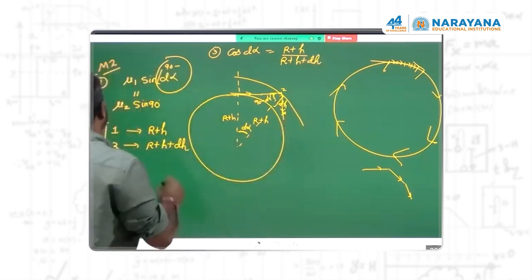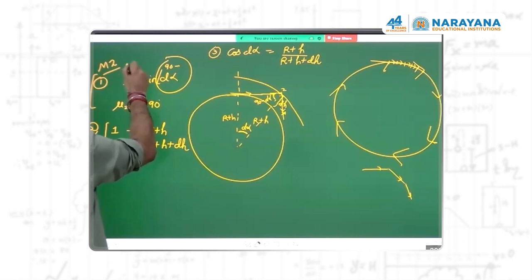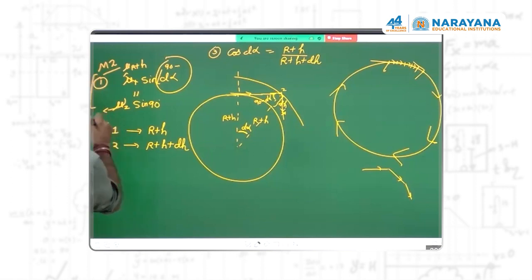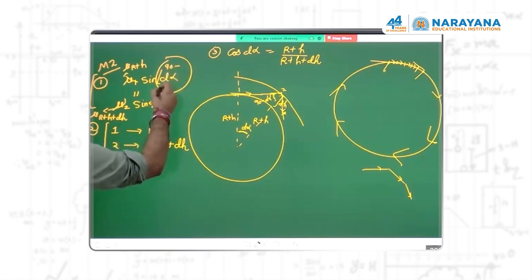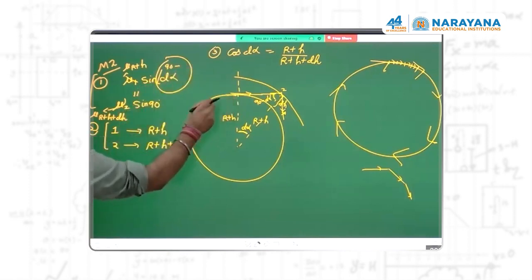Right. And then this term becomes mu at R plus H, and the second one mu2, that is mu at R plus H plus DH. You can understand that in all these three equations, that has become sin 90 minus d alpha, so I've taken cos d alpha directly. Those angles were different.